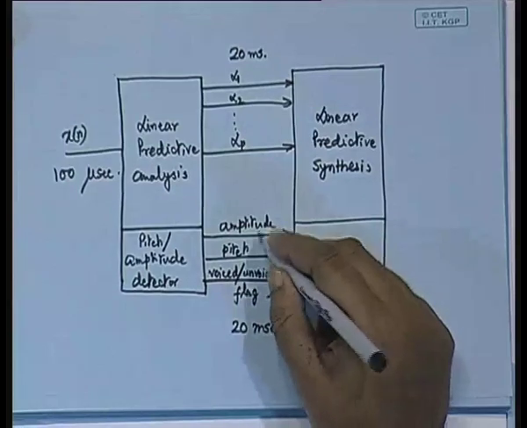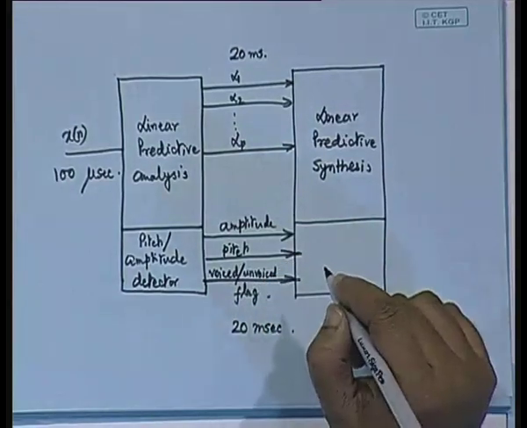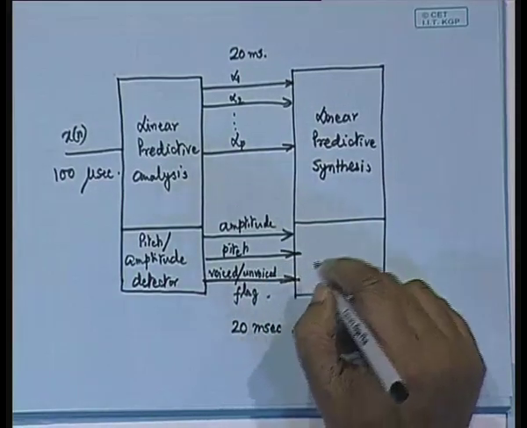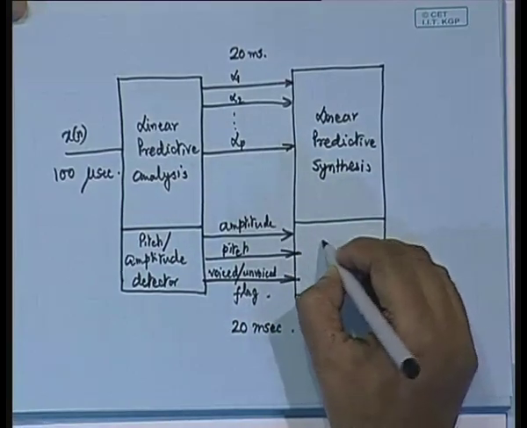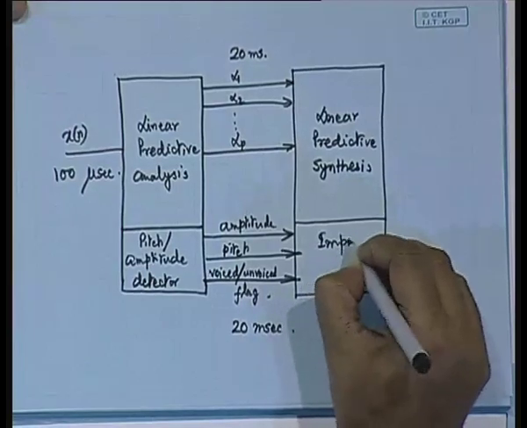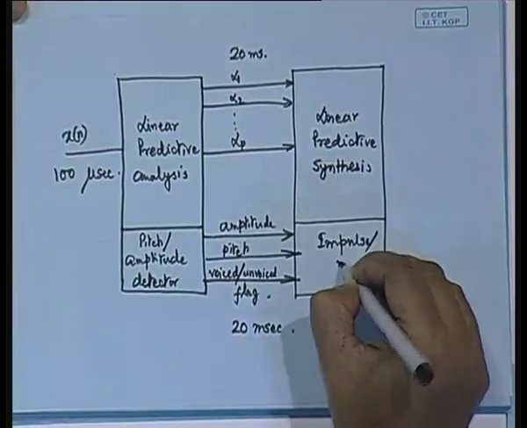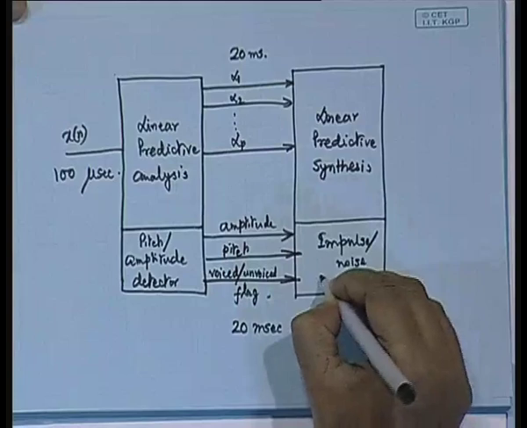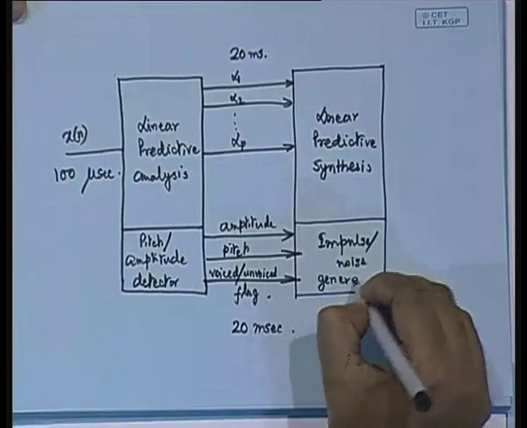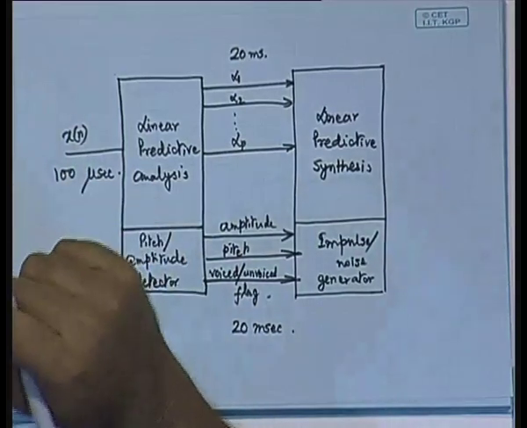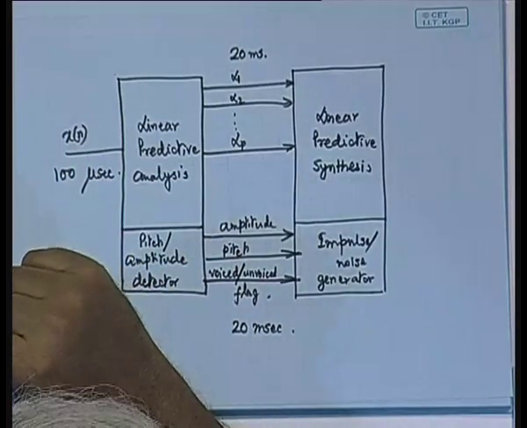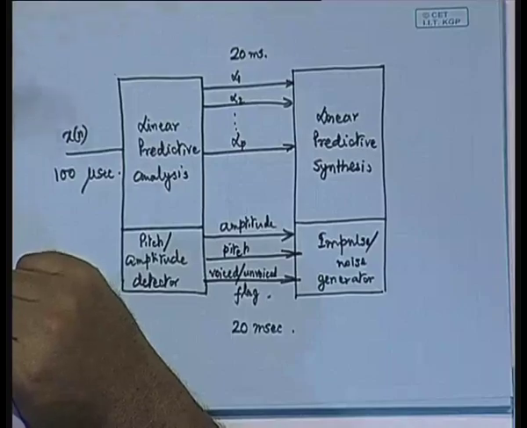Here, whatever amplitude, pitch and voiced unvoiced flag information are obtained, we will use this as an input to an impulse or noise generator. If we know at what pitch we have to generate the impulses, the period in between the impulses, then we will be generating the impulses accordingly.